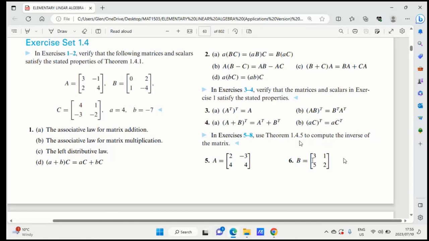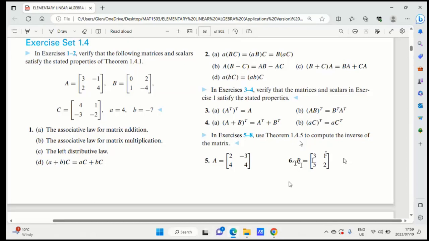Now, we are still using that theorem for number 6. Okay, Lebo, what did you get in number 6? I got a 2 by 2 matrix, where row 1 is 2 and negative 1, and row 2 is negative 5 and 3.